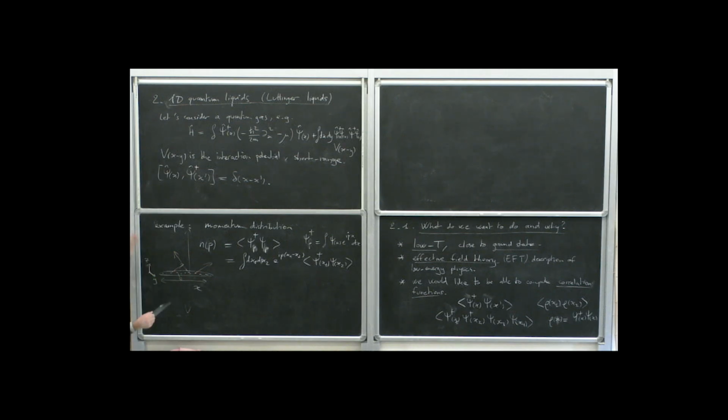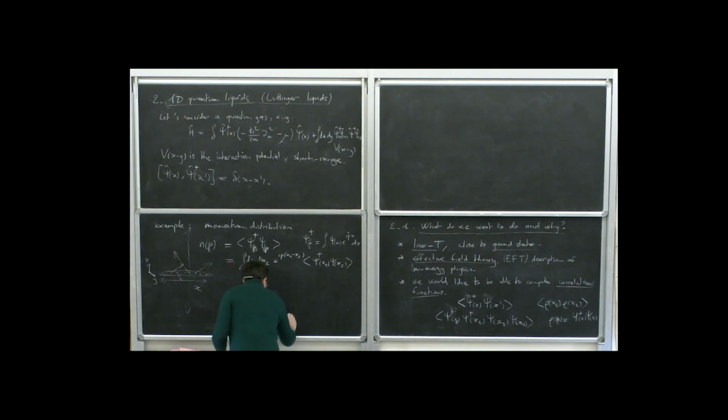If you take pictures of this expanding cloud and integrate out the two transverse directions, you get the momentum distribution in the longitudinal direction, and this is really what they do. There is plenty of experimental data on this, and what it typically looks like is something like this.